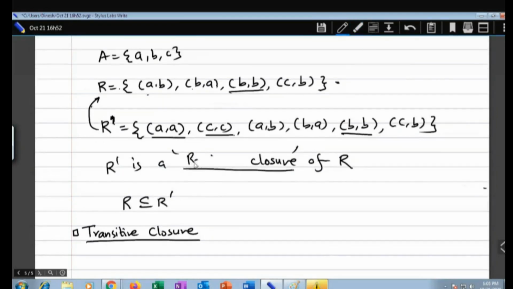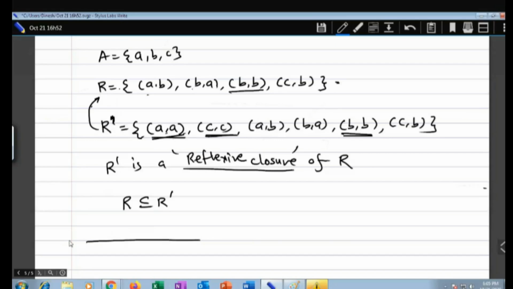This is reflexive closure. Sorry for the big blunder. So this is not transitive closure. This is reflexive closure. So A comma A, C comma C and B comma B is about the reflexivity. So sorry, extremely sorry. So R dash is now reflexive and this will become the reflexive closure of relation R.